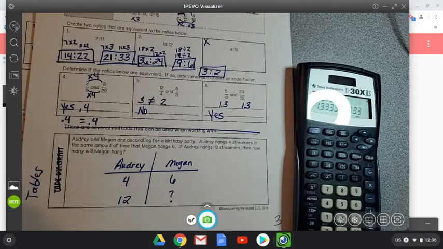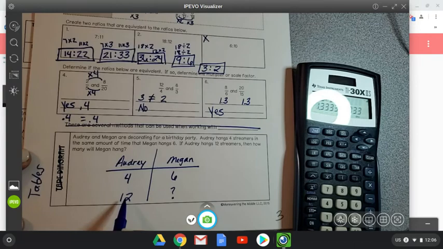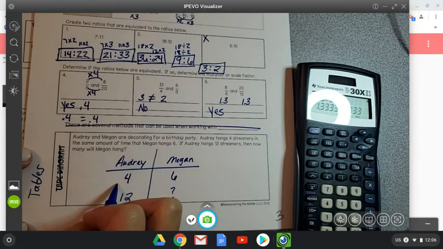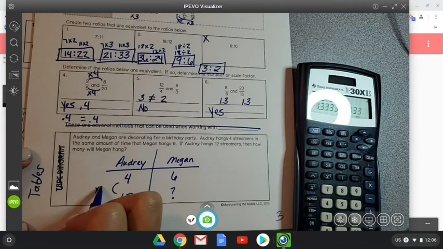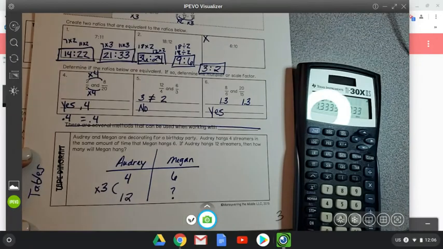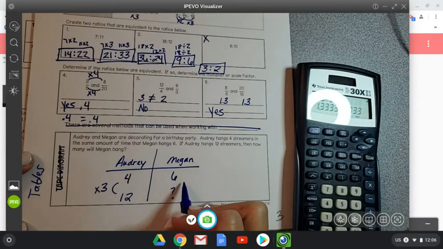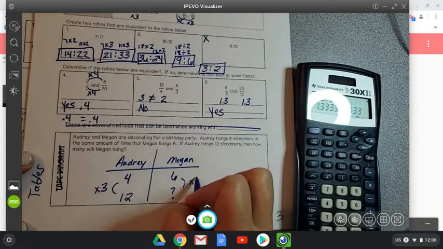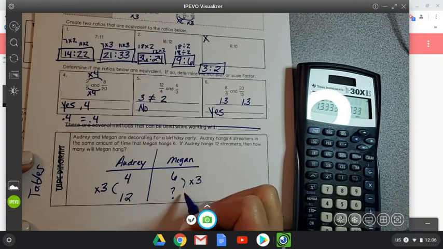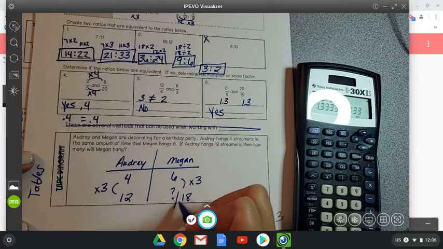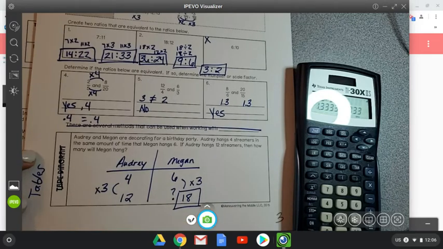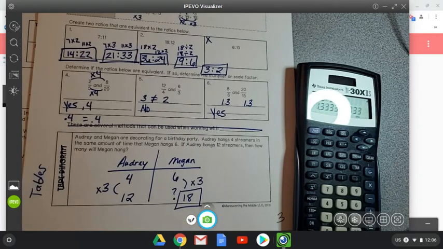In order to get from 4 to 12, I had to multiply by 3. So I'm going to do the same thing with the 6. I'm going to take 6 times 3, and that's going to give me 18. So in the time that Audrey hangs 12 streamers, Megan will hang 18.